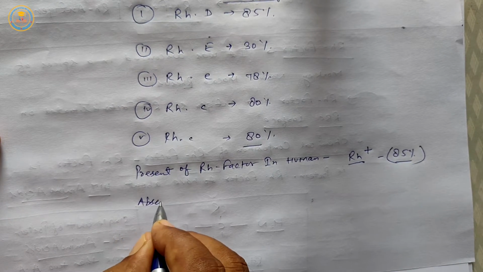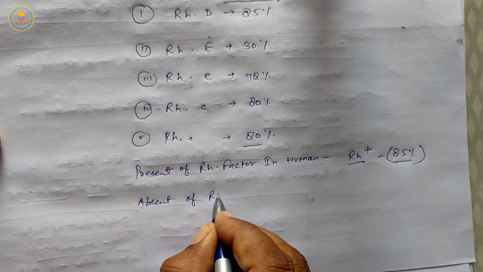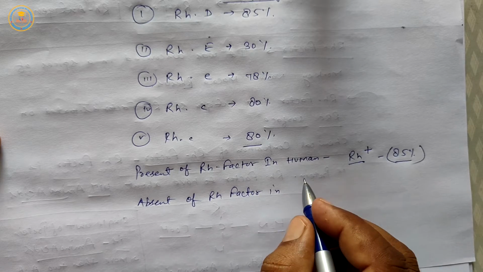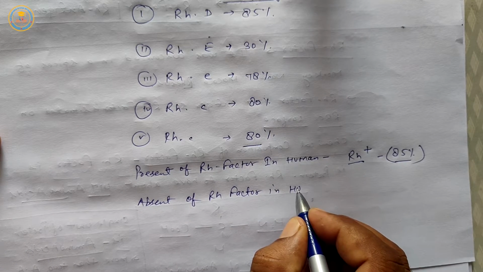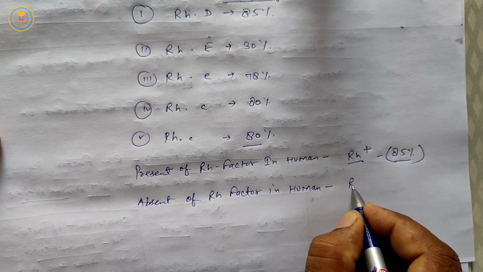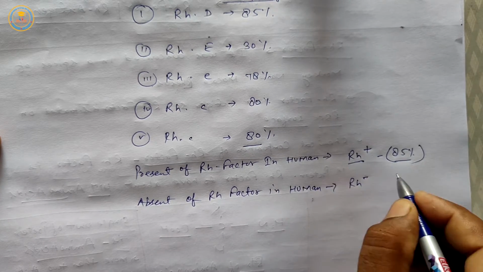Second, if Rh factor is absent on the surface of RBC in humans, it is called Rh negative.